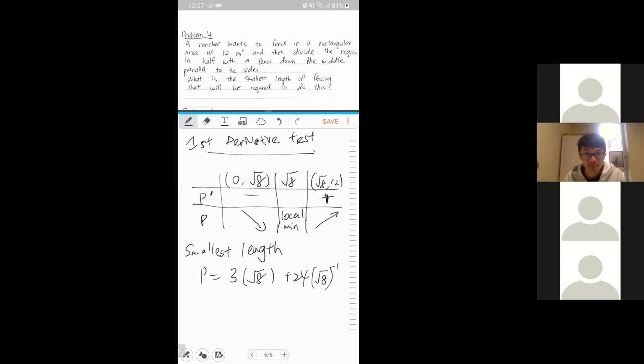What are the units? Okay, it should be meters. Remember that this is length, not the area, so it should be meters.